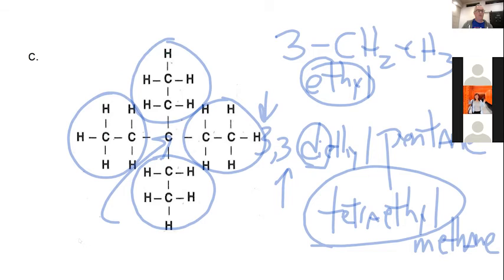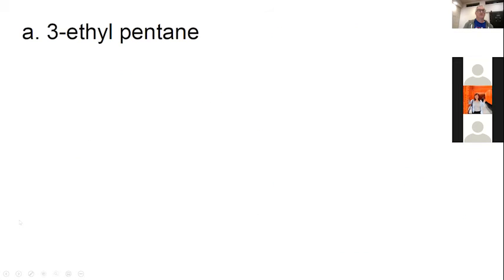All right. I think most people did a pretty good job with these. So pentane tells us how many carbons are in my straight chain. What does pen refer to? 5 carbon. 5, right.